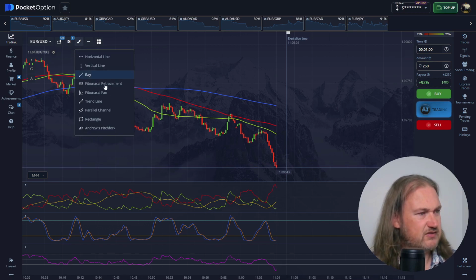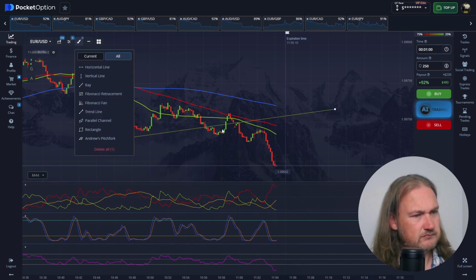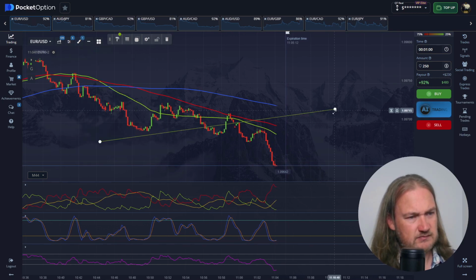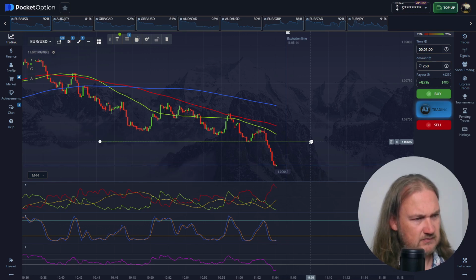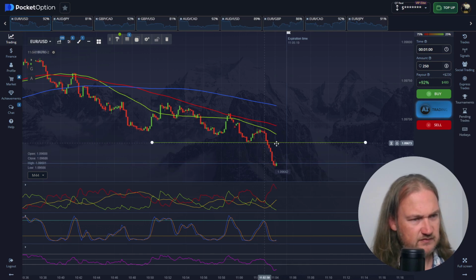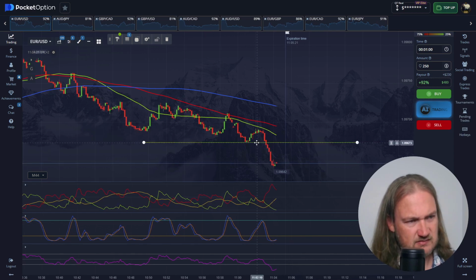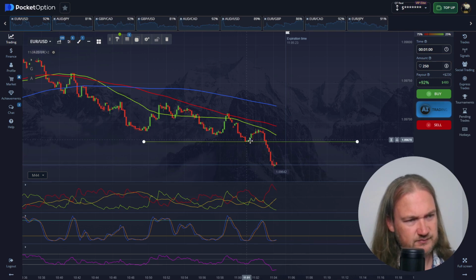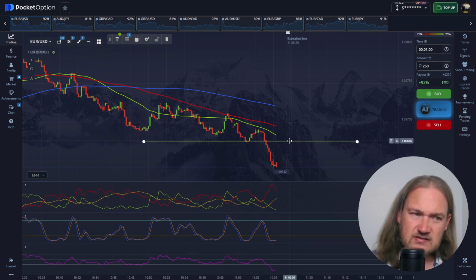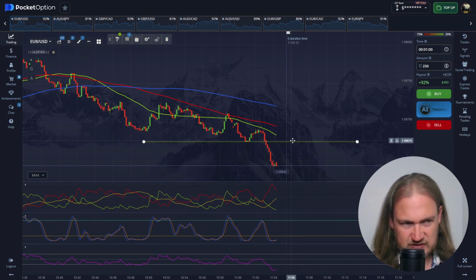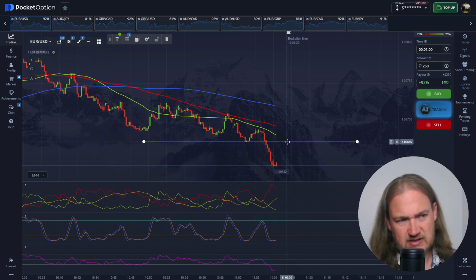Let me draw this in. That's label enough. So I'm just drawing in this last low. I might get hidden bearish divergence if price does come back.